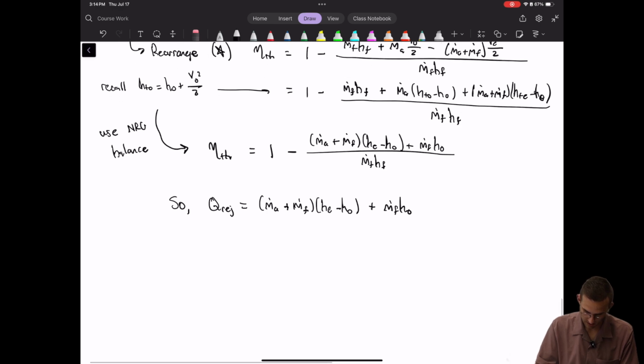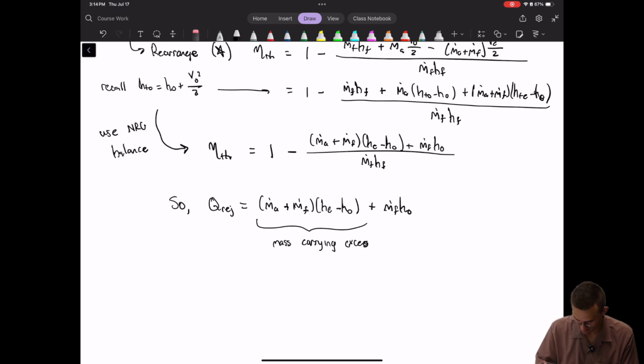So our rejected heat consists of mass carrying excess energy into the exhaust.